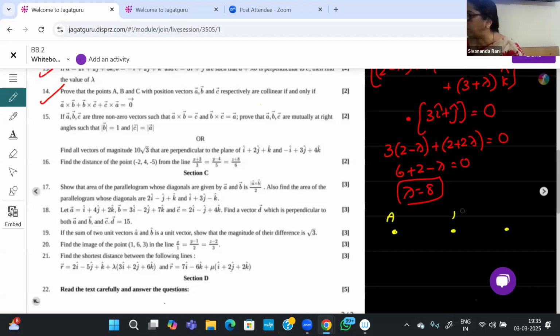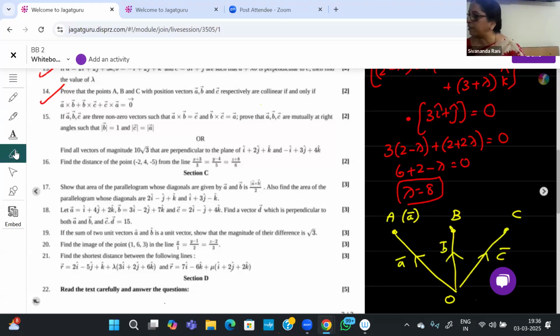He has given you 3 points and their position vectors are given. Okay. Position vector of this is given to be A bar. Do you all know position vector means what? That OA, OB, OC, no? That is being given. Okay, this is A bar. This is B bar. This is C bar. That's what he has given.